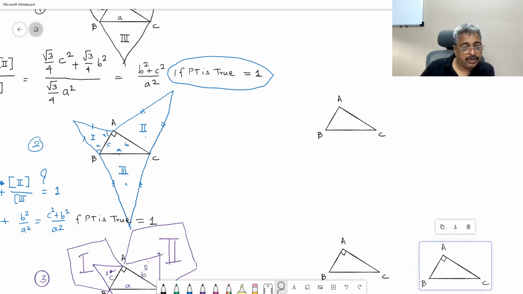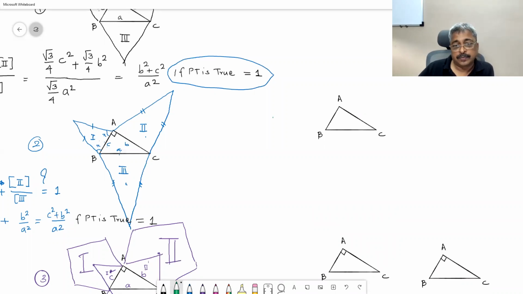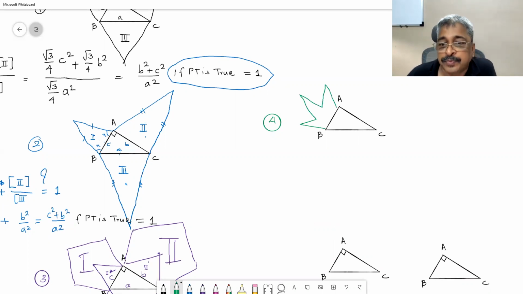Okay. Now this is our fourth diagram. Okay. So it seems that if I draw some similar figures, now let me draw a similar figure on this, the crown. Another similar crown.